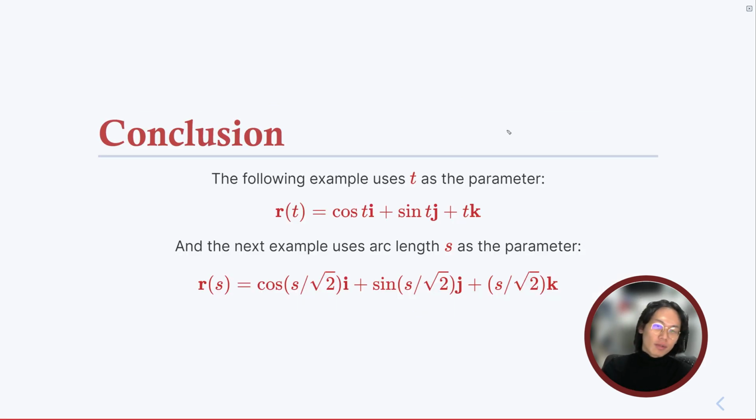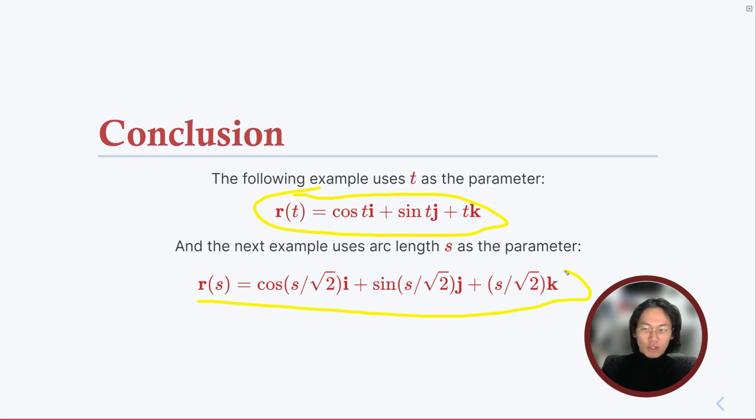To summarize, the following example uses t as the parameter, this one. And the next example uses the arc length s as the parameter. So this equation is called parameterized by arc length s. Changing from this equation to this equation is called arc length parameterization.